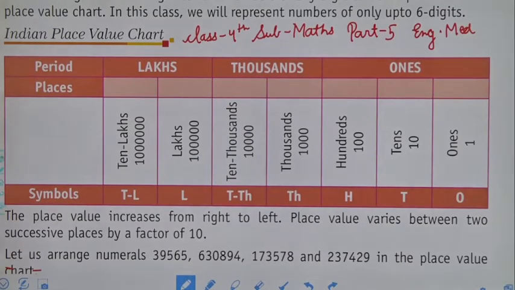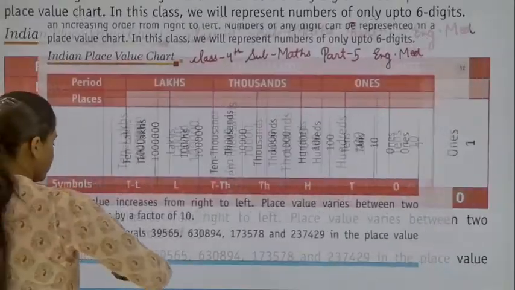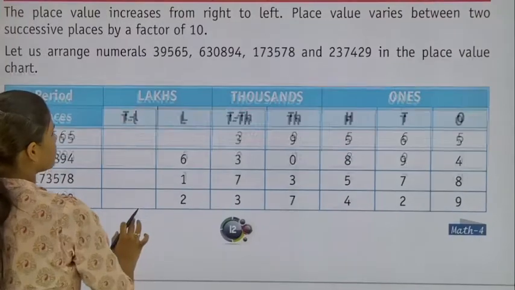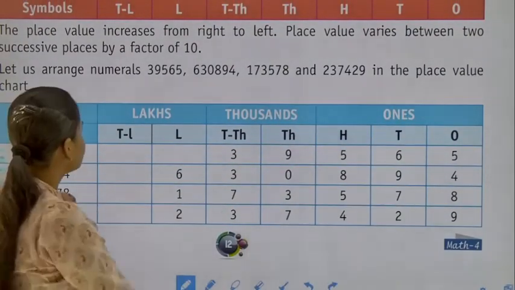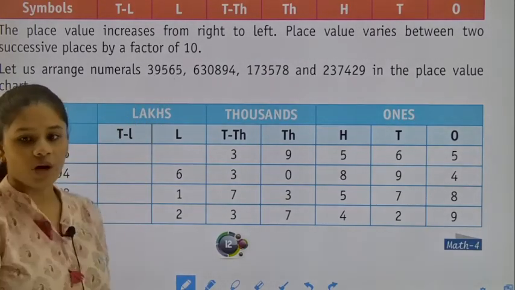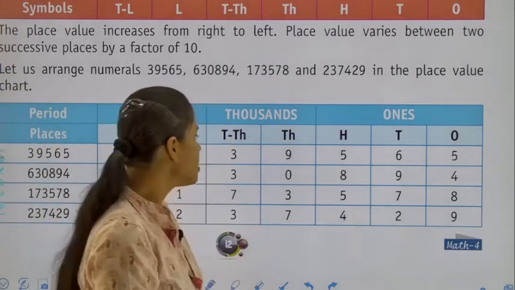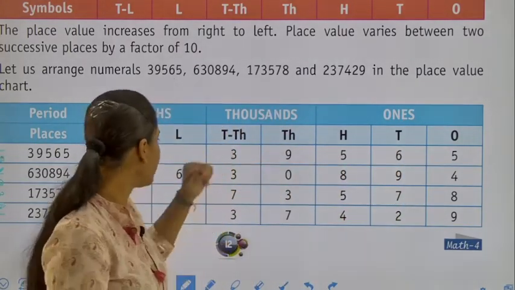Let us arrange numerals. Students, there are some numerals we have to arrange in the table. You can see this is ones, tens, 100, 1000, 10,000. So how have we written this, students? That is ones, tens, 100, 1000, 10,000.